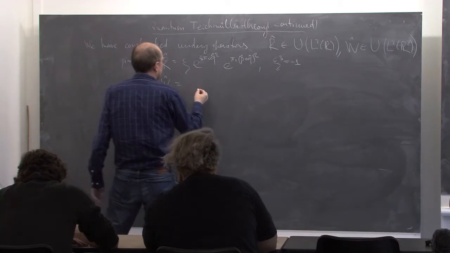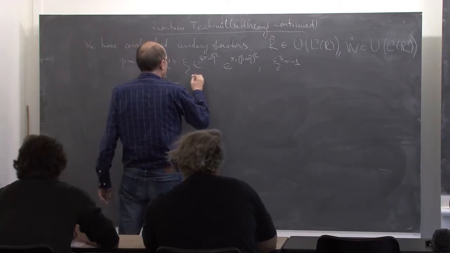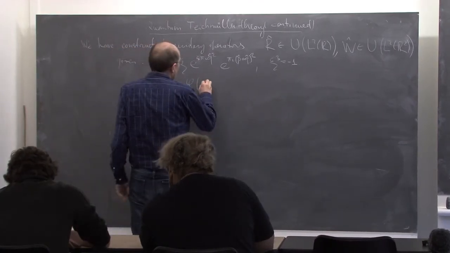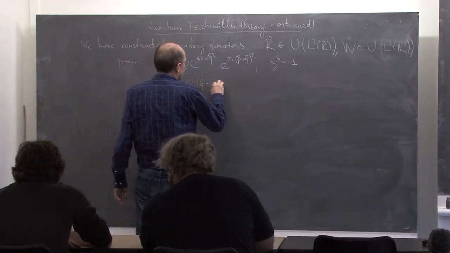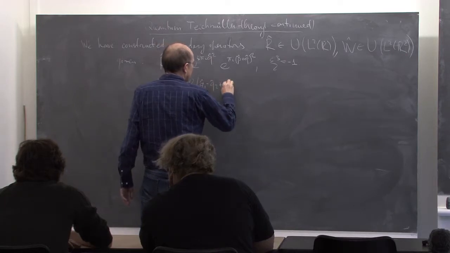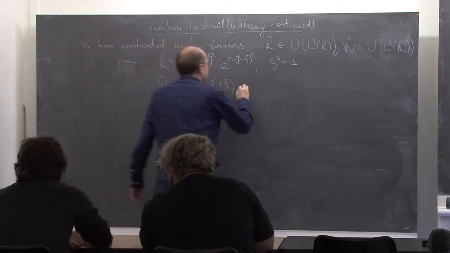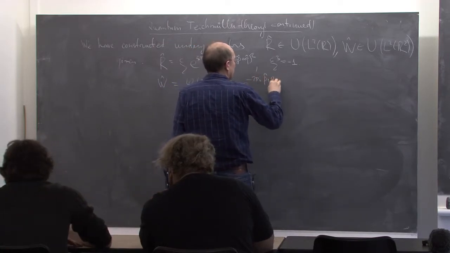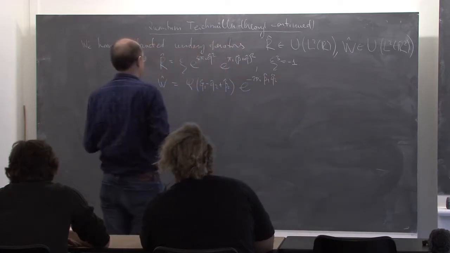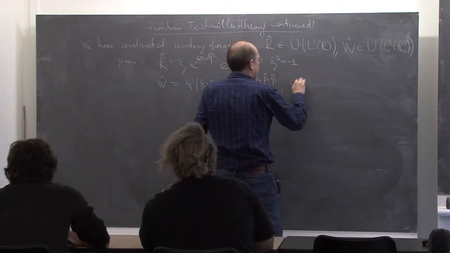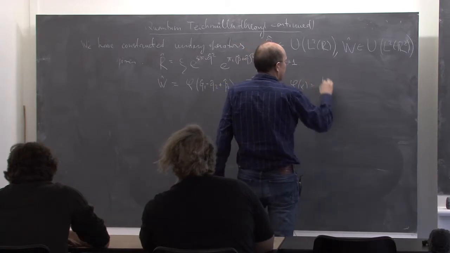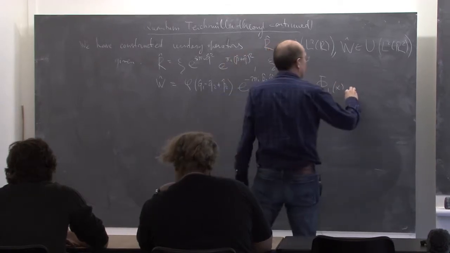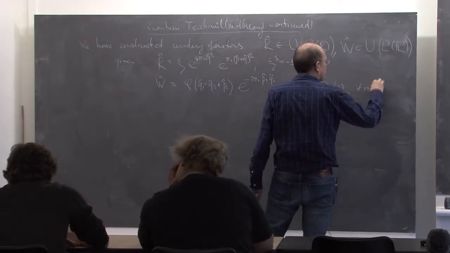W hat is given by phi of Q1 hat minus Q2 hat plus P2 hat, multiplied by e^{-2πi P1 hat Q2 hat}, where phi of x is Faddeev's quantum dilogarithm function, for any x in the reals.